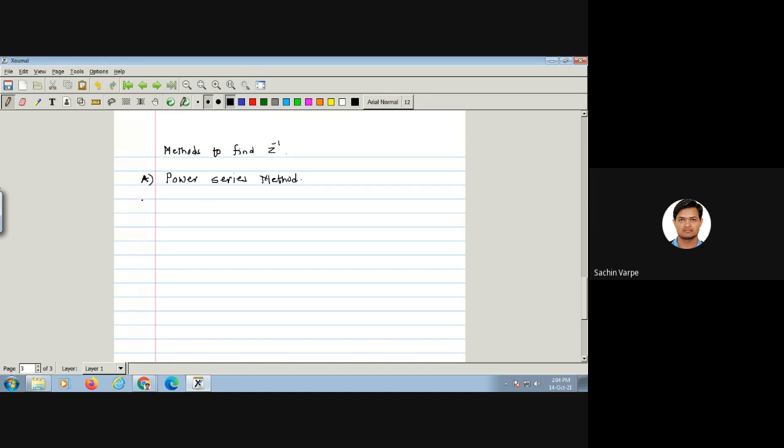Second one is the partial fraction method. Third one is the inversion integral method.